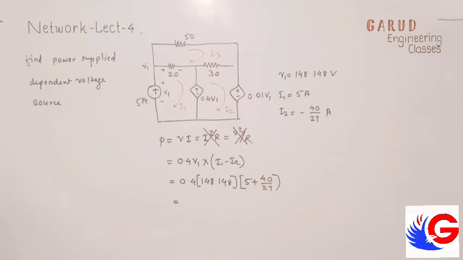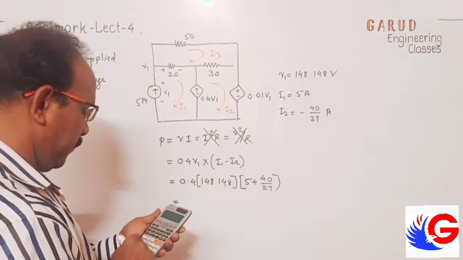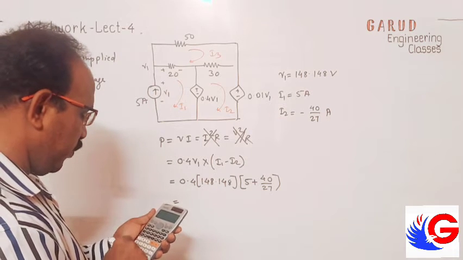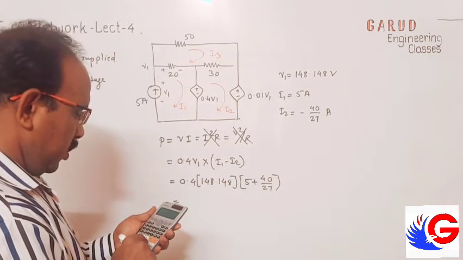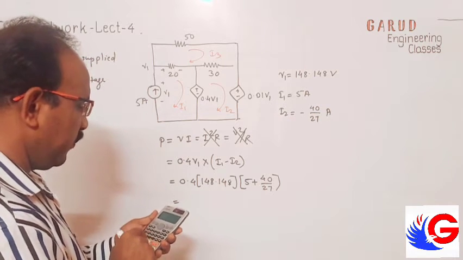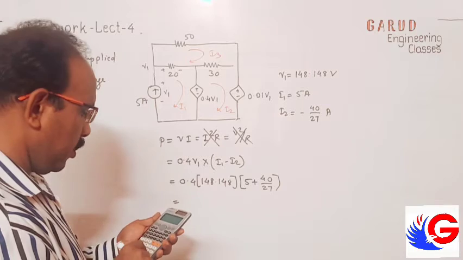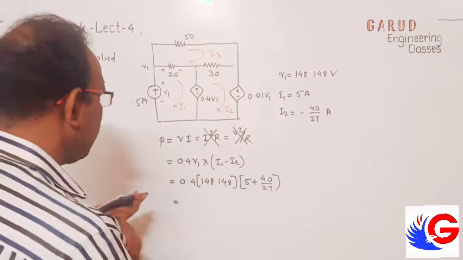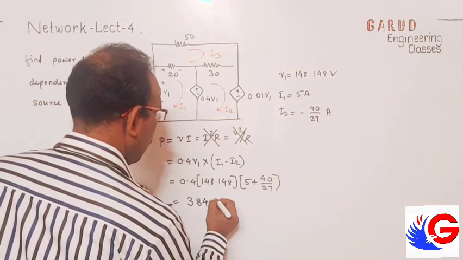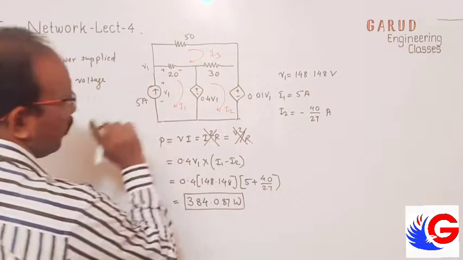So we can calculate this power: 0.4 bracket 148.148 into 5 plus 40 by 27. This is 384.087 watts. This is the power supplied by the battery.